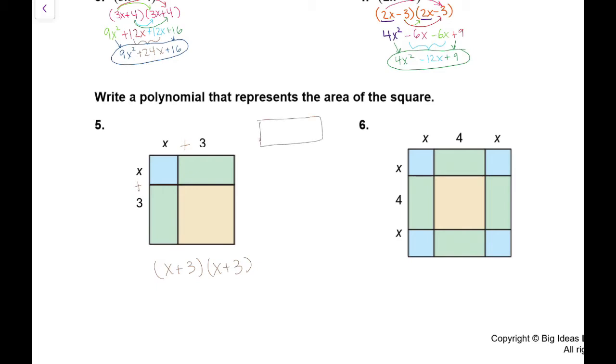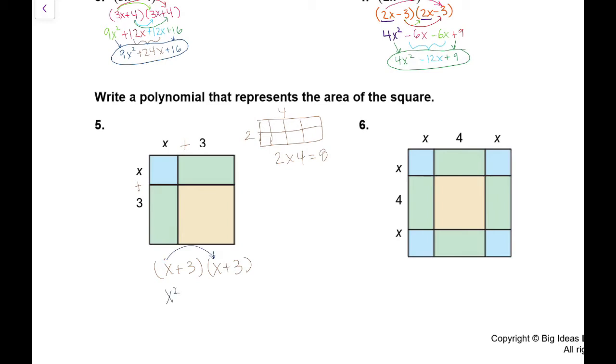Now we can do this because when we're finding area, we're taking the length times the width. So if I had 2 squared times 4 squared, this would be 2 times 4, which would give me 8 squared. So here I'm taking x plus 3 times x plus 3. This is the same as x plus 3 squared. So we're going to just FOIL this out.